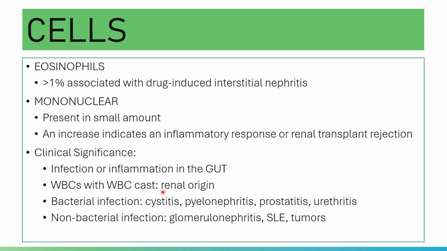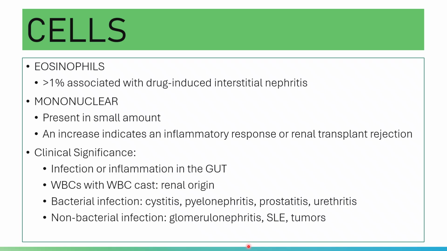Here are the non-bacterial causes. You have glomerulonephritis, systemic lupus erythematosus, and interstitial nephritis. These diseases will cause the presence of pus cells in the urine. Calculus disease at any level may give rise to increased numbers of urinary leukocytes.